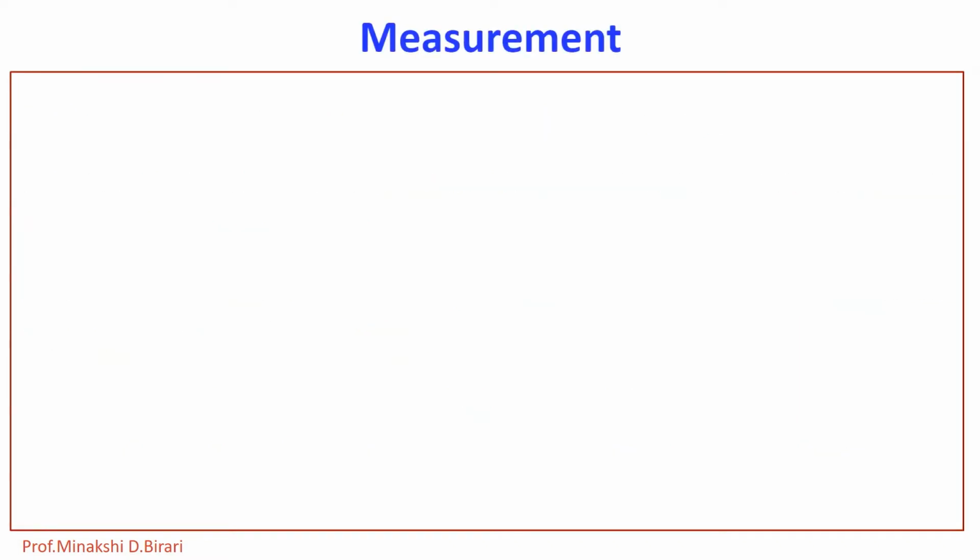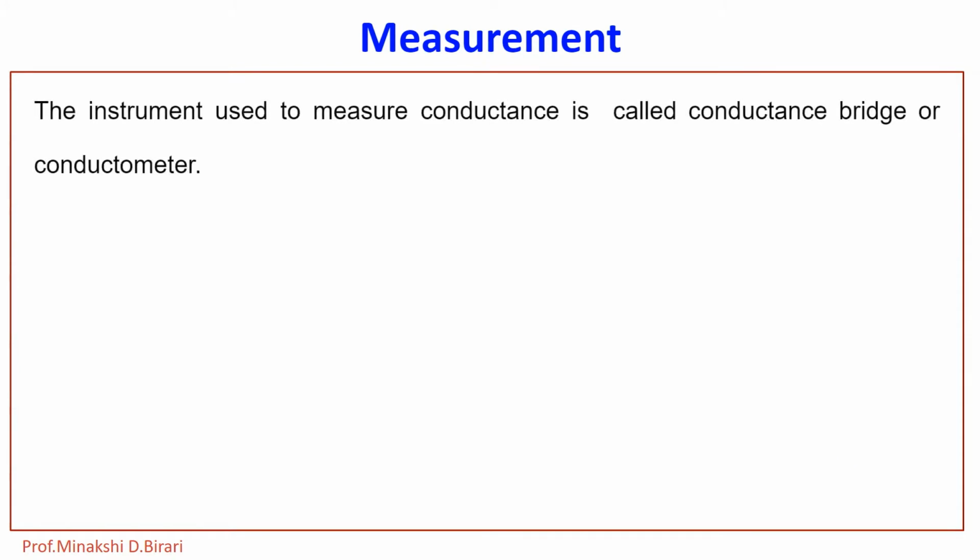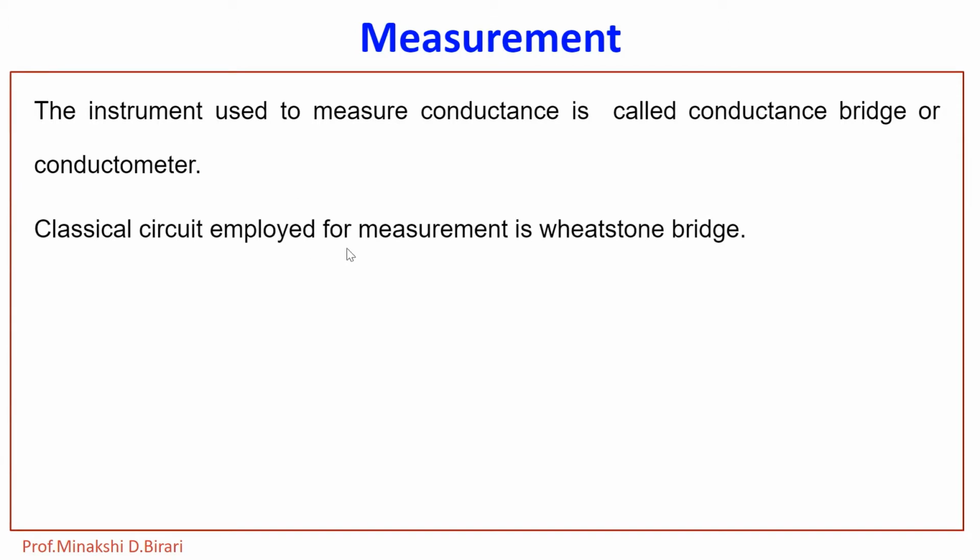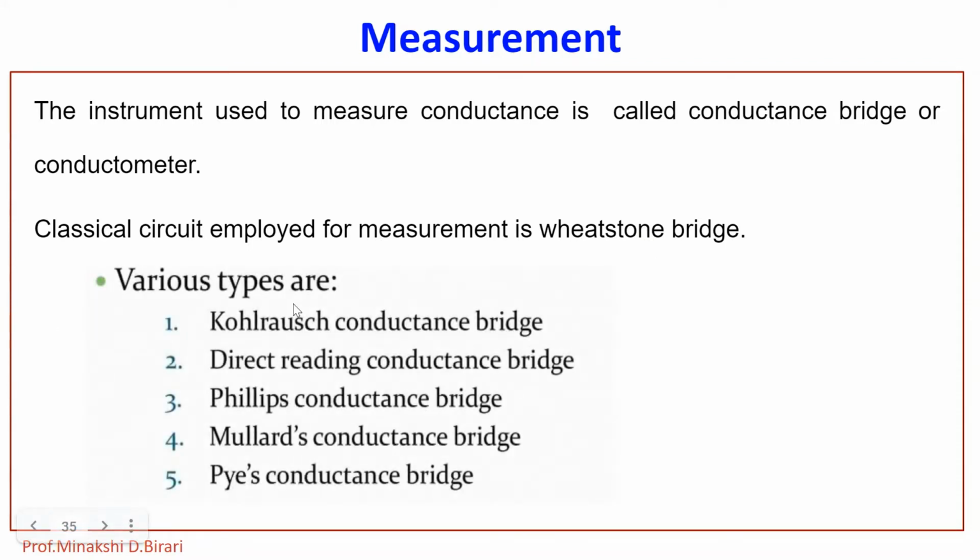Then how is the measurement carried out? We know that the instrument used to measure conductance is called a conductance bridge or conductometer. The classical circuit employed for measurement is the Wheatstone bridge. Also, there are various types of instruments which are used to measure conductance.